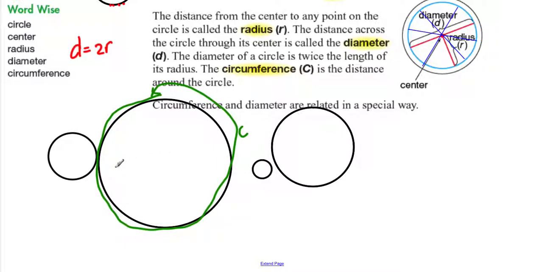I measure the distance and I get the diameter. There's my diameter.